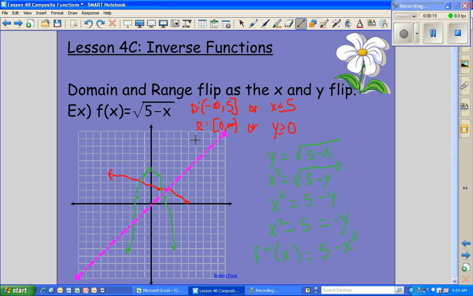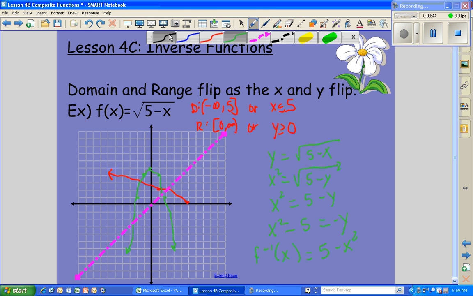So you can't start out with a square root function or something that looks like that red and then end up with the green, because those are not mirror images of each other. So in this process of solving for the inverse, you squared the function, which picked up the other side of it that you didn't want.